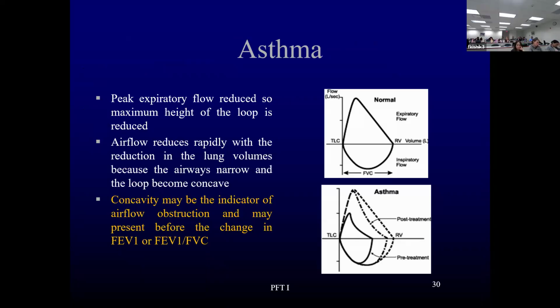If I have obstructive lung disease, my inspiration is like this, but exhalation starts to become curvilinear. It becomes a little concave. Everybody sees that? Yes. Instead of a straight line, now it becomes a little curvilinear. So looking at the flow volume loop and the concavity of the expiratory limb also gives you an idea that the patient has an obstructive lung defect. I am not giving flow volume curves on the exam, so please don't fret on that, but you should know this.